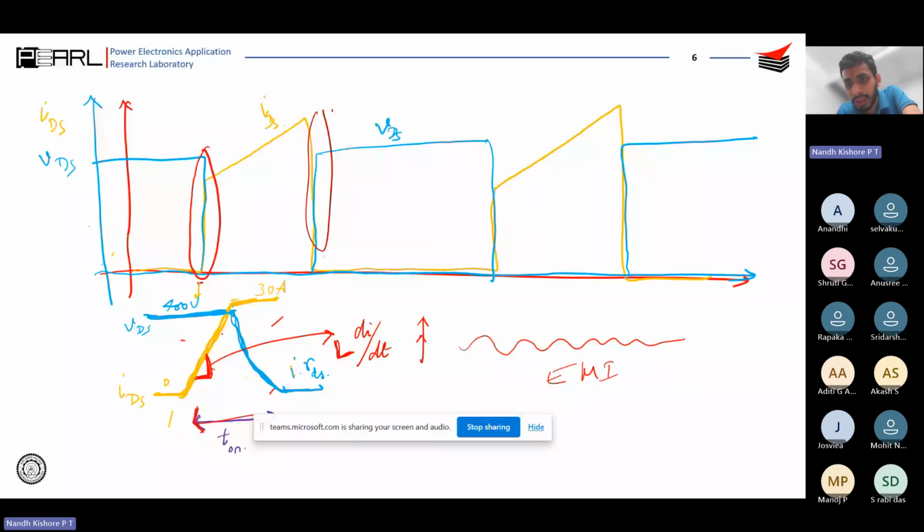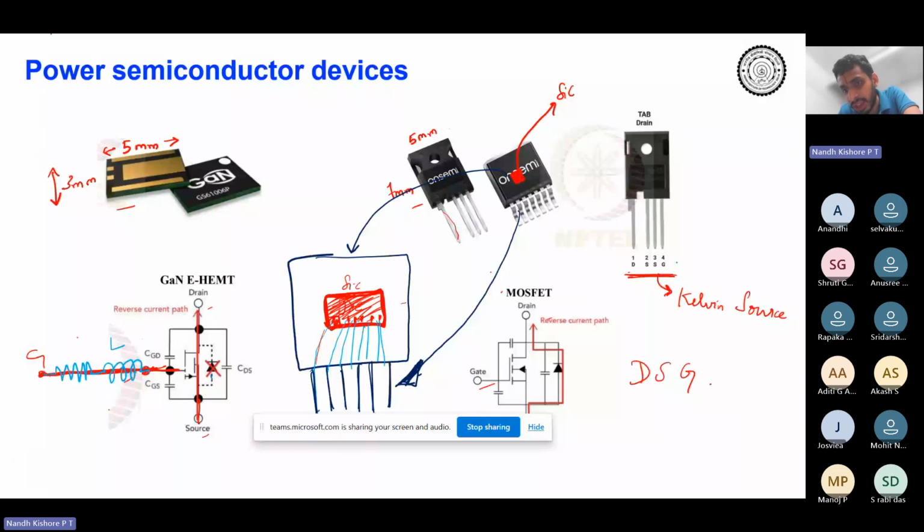In order to minimize this, you see over here, the gate is over here and the source is over here, so there is a significant distance between this gate and this source, correct? In order to minimize this, what manufacturers give is what is known as a Kelvin source. So Kelvin source is that you connect your gate source over here as well. Let me erase it off.